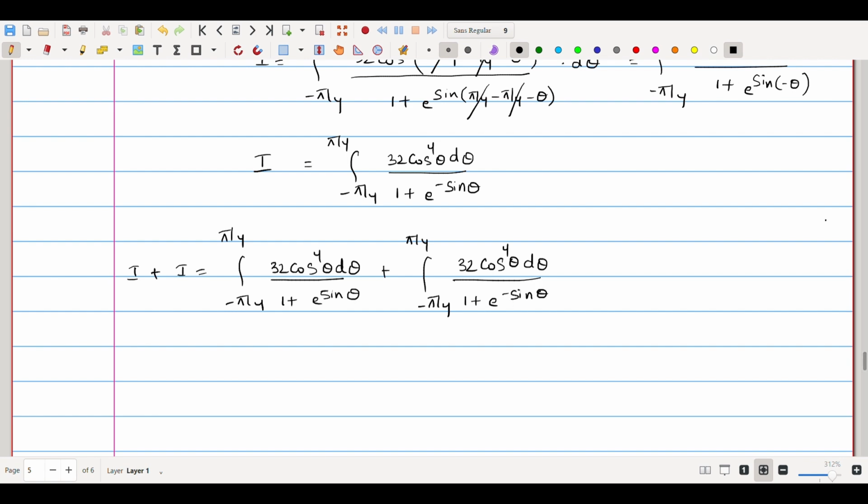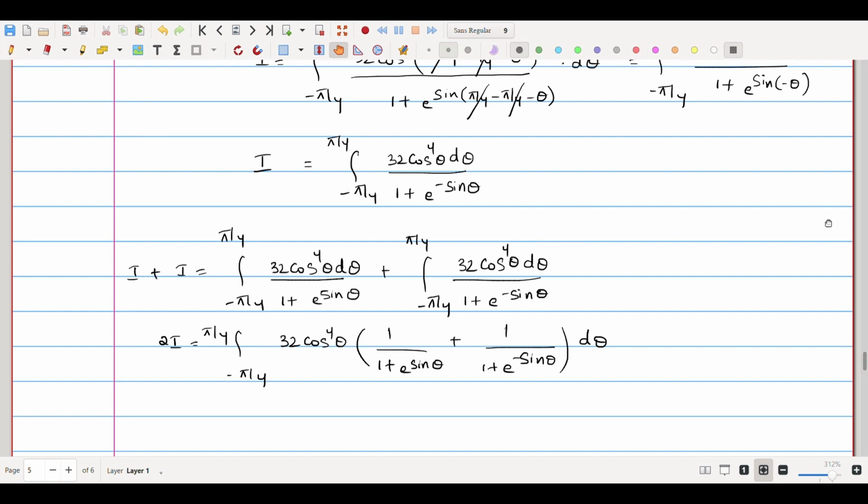If you take the common 32 cos^4 theta, it will become 2I equals the integral from minus pi by 4 to pi by 4 of 32 cos^4 theta times 1 by 1 plus e^sin theta plus 1 by 1 plus e^minus sin theta, d theta.